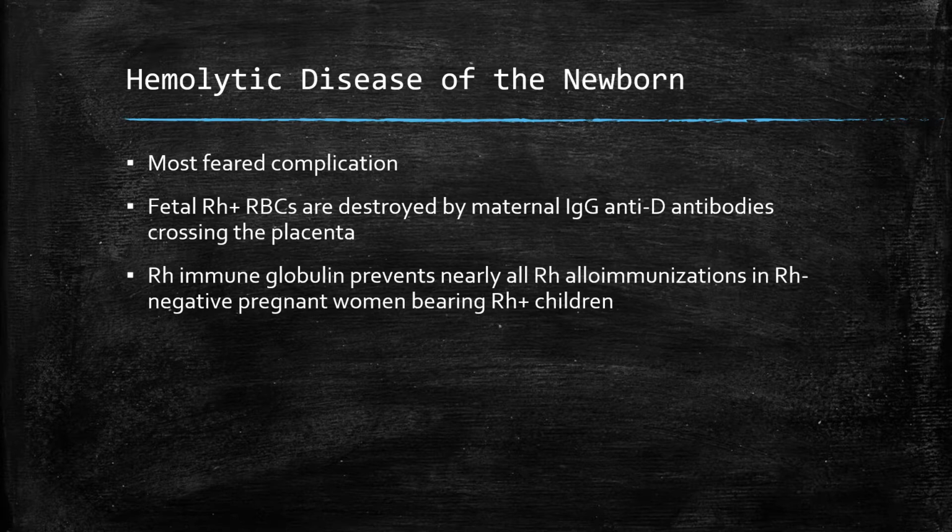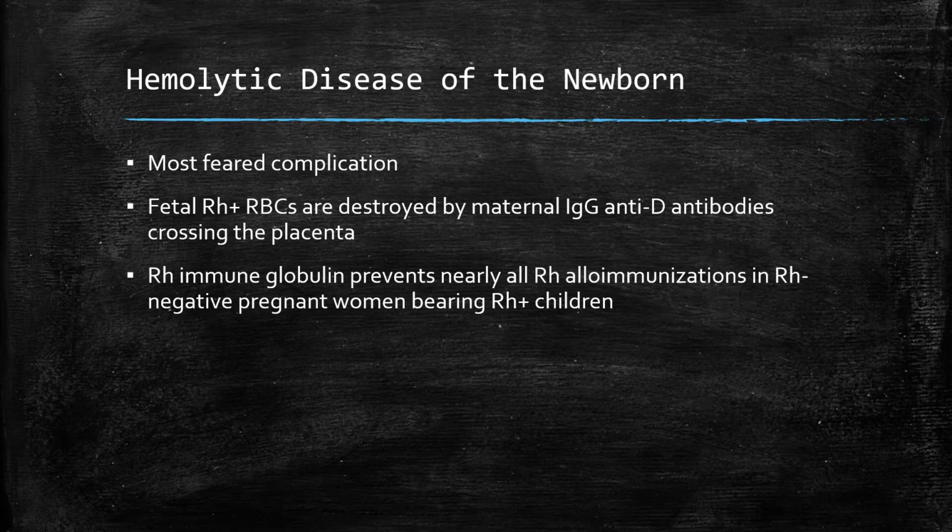Fortunately, we can prevent these sensitization events in almost all cases, and it's standard of care nowadays for an Rh negative pregnant woman who's bearing an Rh positive baby to get Rh immune globulin. Now, this comes up for us as surgeons because we take care of pregnant trauma patients.